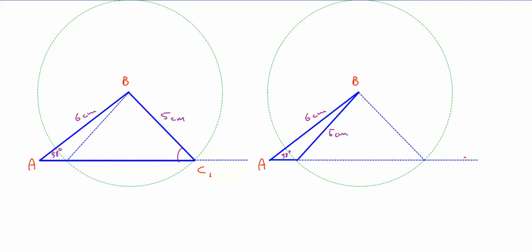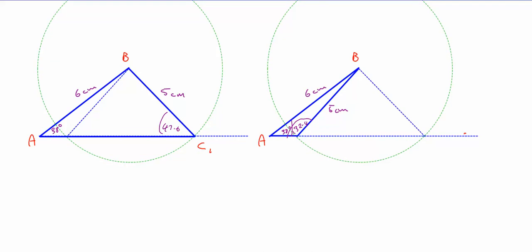Okay, so in the first case here, this angle there is 47.6, and in the second triangle here, this angle here is 132.4. So that is that there, and that's a 38 there.